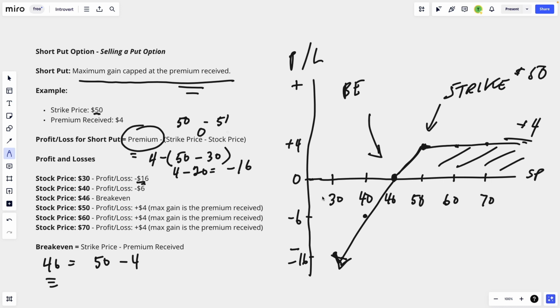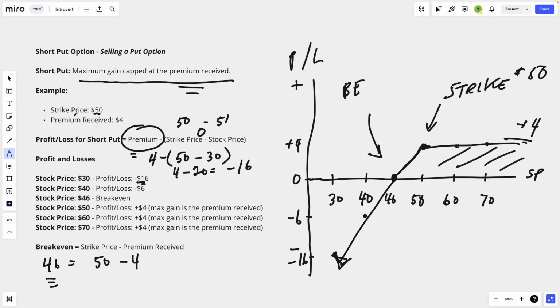So as the stock price goes down, we lose because we've got to buy it at 50. That's what the contract says, but the value of it is less. So therefore we are losing because we are obligated to buy at 50. That's what is in the contract. So we would lose there.